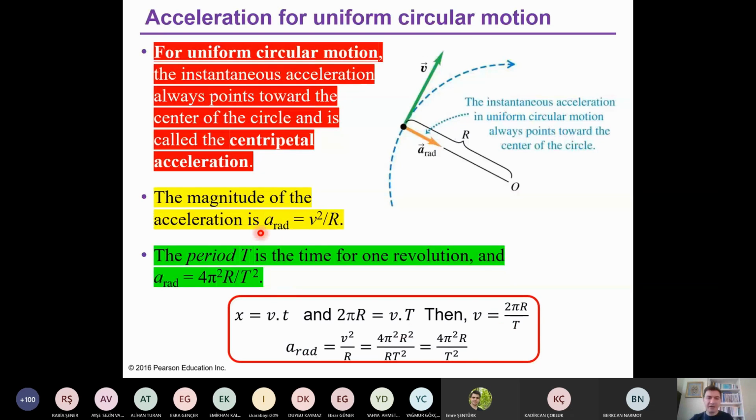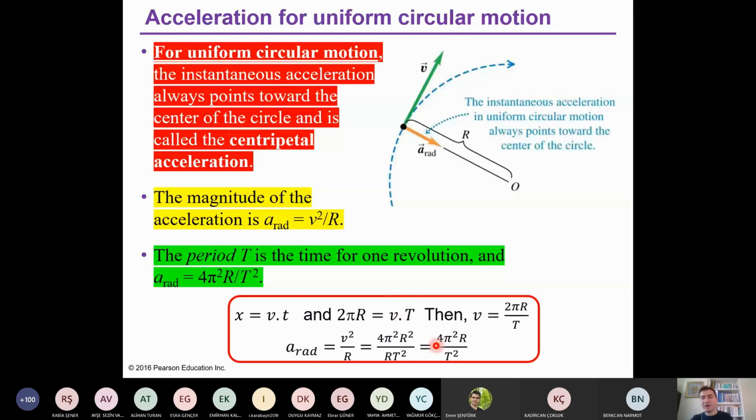Here we have a radial, given by v square over r. So instead of v, use this v and take the square of it. Finally, a radial is given by 4 pi square r over T square, where r is the radius of the circle and T is the time for one revolution.